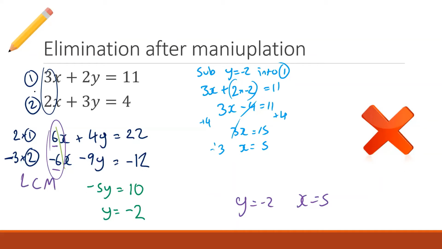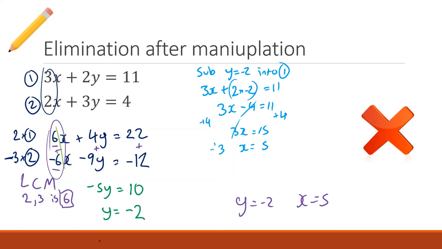The lowest common multiple of 2 and 3 is 6, and that's why I wanted to make sure that I got to 6. So I multiply the top one by 2, the bottom one by -3. Why -3 and not just 3? Because I want to make sure that when I add these together, they cancel. And they did. They canceled down to give me that here.